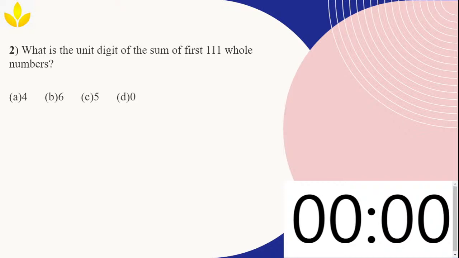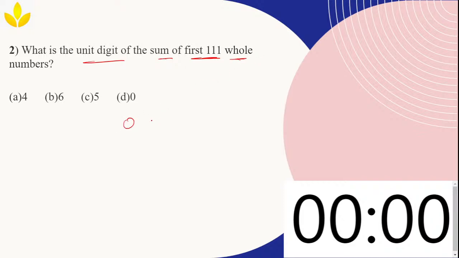Okay, let me solve it for you. Okay, it's simple. What is the unit digit of the sum of first 111 numbers? You might be saying, right, ma'am, you are saying all the questions are simple. But in reality, all the questions are simple. Only thing is you need to know the tricks. So, unit digit of sum of first 111 numbers. Now, first 111 whole numbers they are talking about.